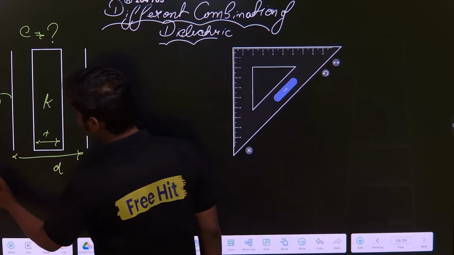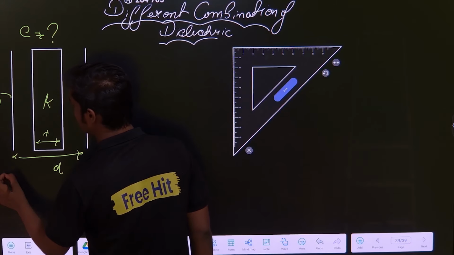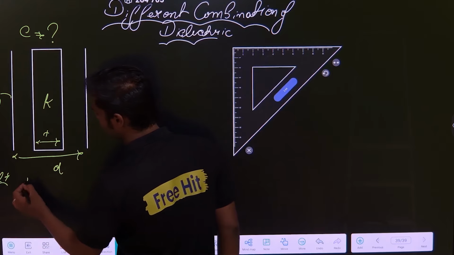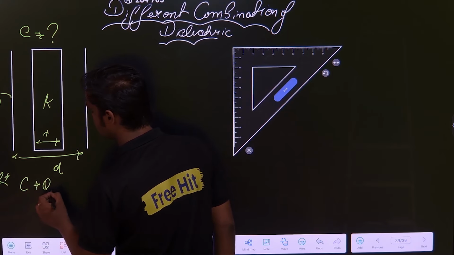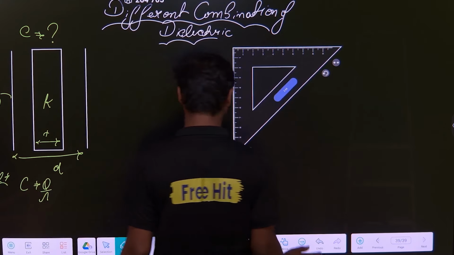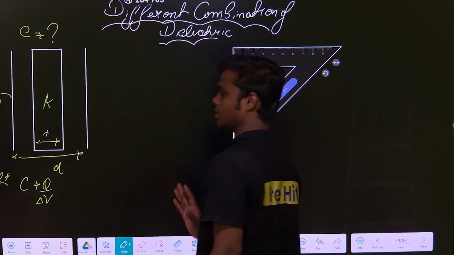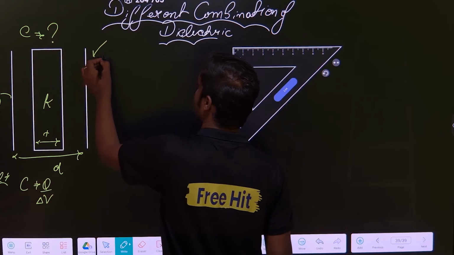See, whenever this type of question comes, you have to go for the very basics. How will we find the capacitance? Capacitance is simply total charge divided by potential difference. We know charge Q is there, you assume it.